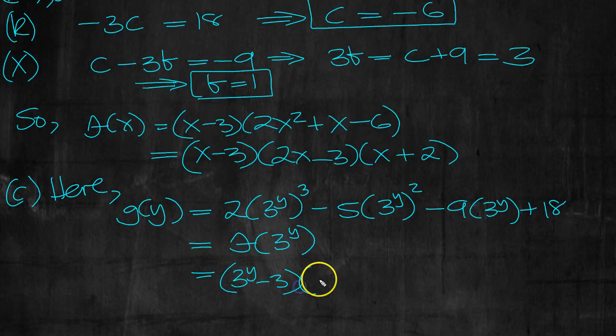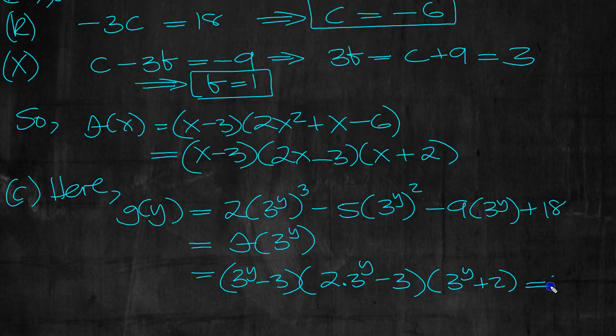So we get this. 2 times 3 to the y, minus 3, and 3 to the y plus 2, equals 0. So I put in these factors here. x is 3 to the y there, x is 3 to the y there, and x is 3 to the y there.